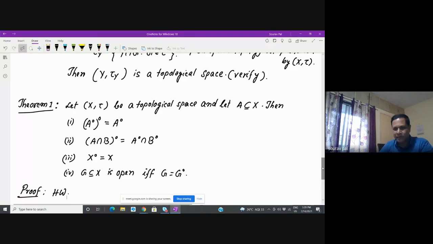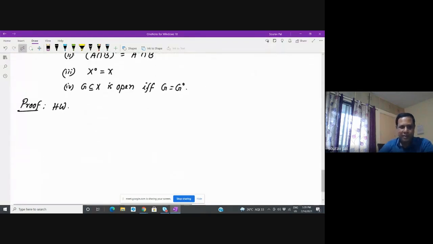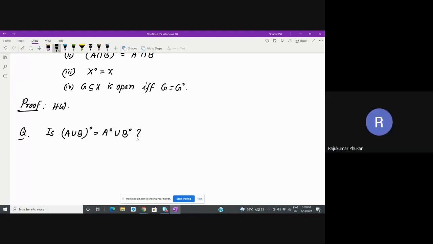And the question that I ask, I'm just writing down: is the interior of A union B equal to A interior union B interior, always? No, sir. That is false.